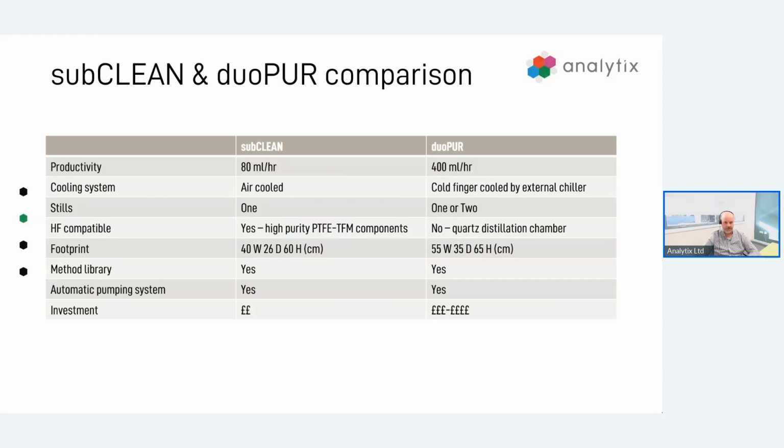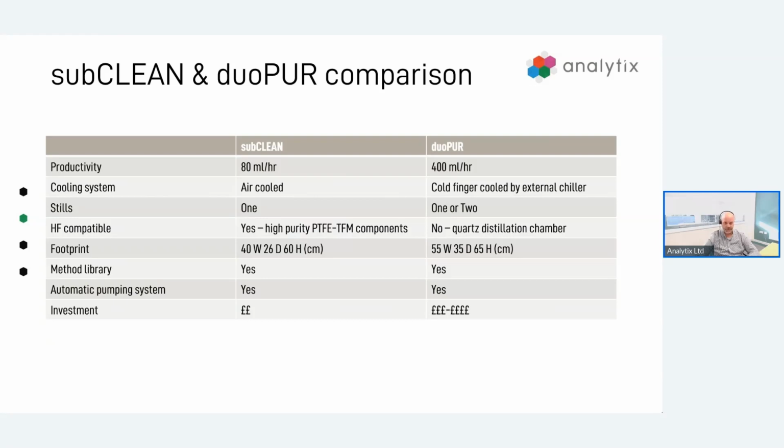One more on the TraceClean here. How much acid is used and how often do you need to change the acid? As I said, typically we would put in about 500 mils of the reagent grade acid. We never switch between acids, so we only ever use nitric to perform the cleaning and the purification here. It probably consumes around 30 to 40 mils every run. So periodically, maybe every month, if you are using it on a routine basis, you would want to drain it and then do a water clean and rinse through the system and then refill with the acid.